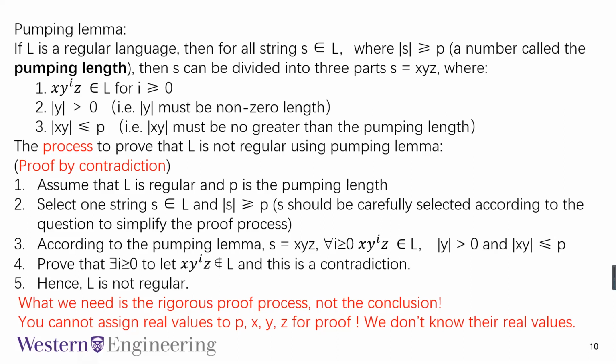The first step is to assume that L is regular and P is the pumping length. The second step is to select one string S from language L, where |S| is greater than or equal to P. S should be carefully selected according to the question to simplify the proof process.